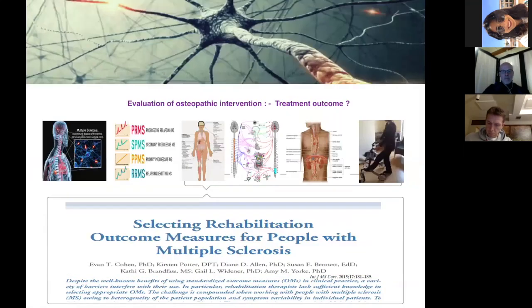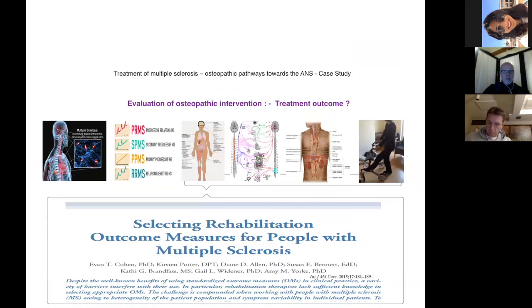So let's start with treatment outcome. One of the things that we have difficulty with in the dynamics of MS is that the outcome measure is very variable, and one patient is not always the same as another.